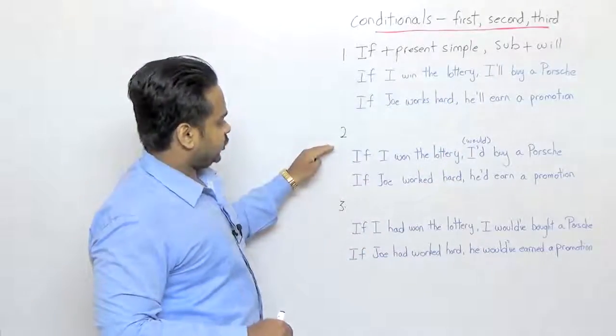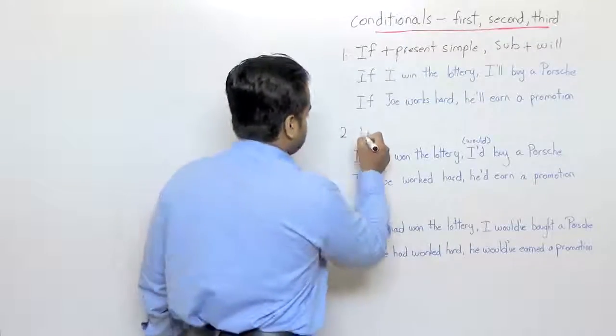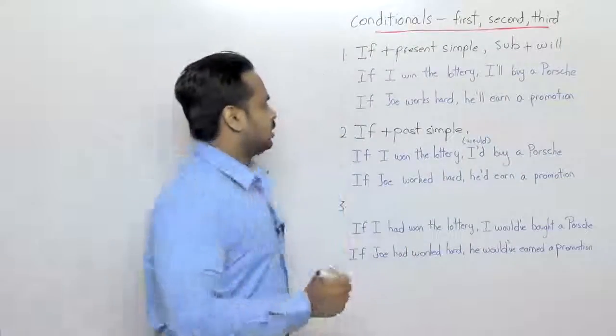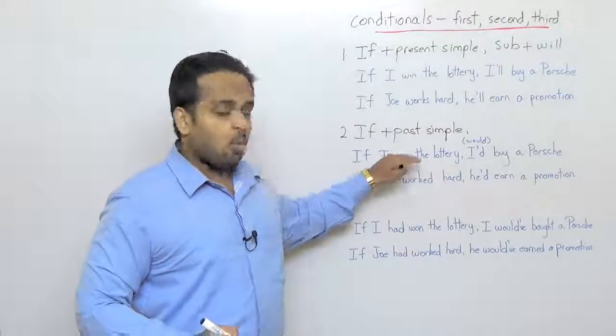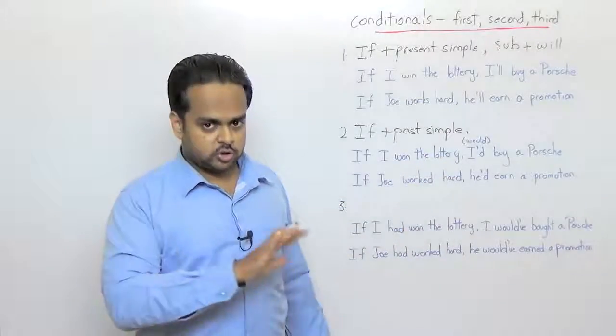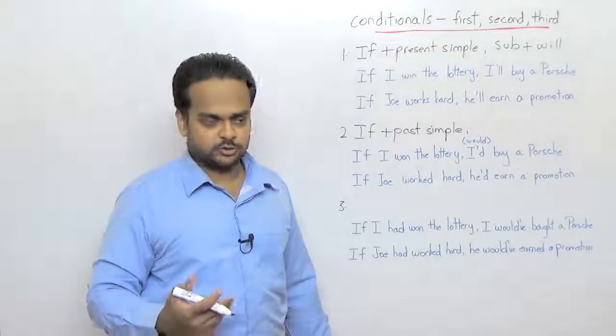Now in the second conditional, what tense is this sentence in? Well, it's in the past simple tense. So if I won the lottery or Joe worked hard, just remember they're not talking about the past. They just show us that we're talking about an imaginary situation.